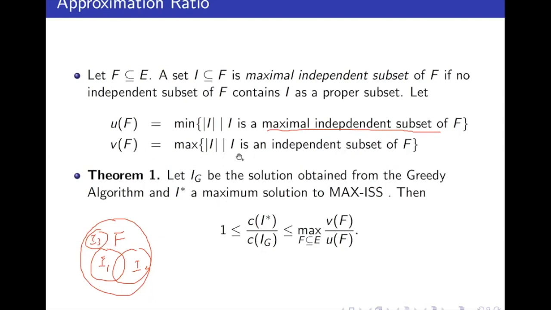So VF here is an independent subset of F, and then you take the maximum one. This has to be a maximal subset of F also, because you take the max. Okay, so you have all of these, and this one looks bigger. So this I2 will be VF, right?